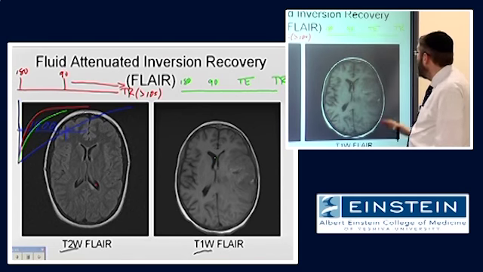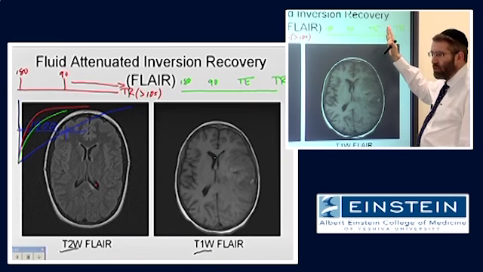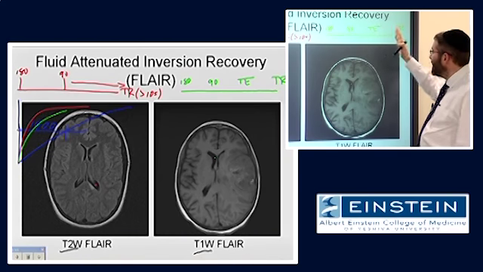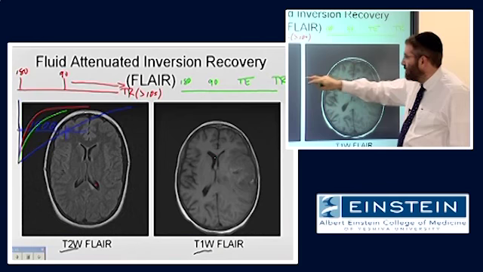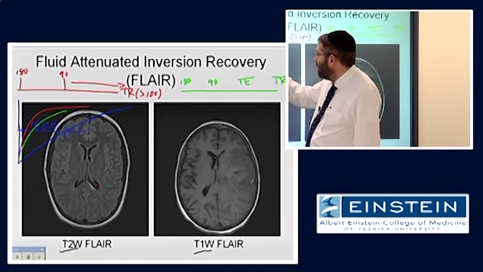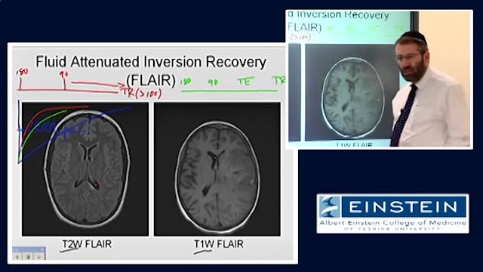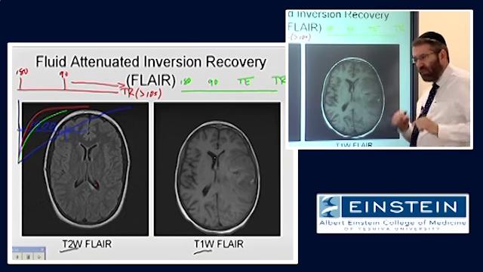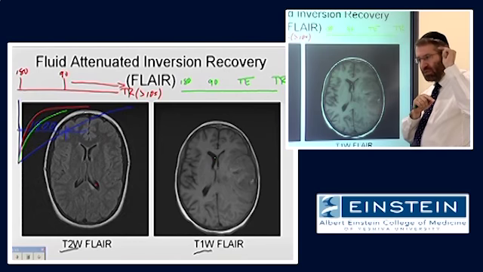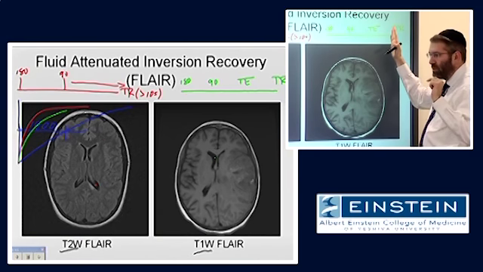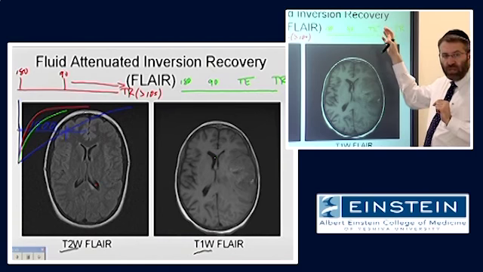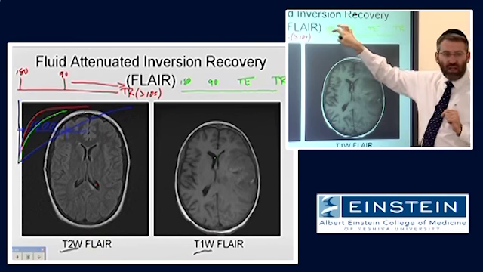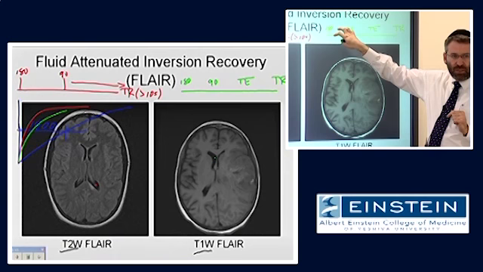However, we keep the TR relatively short, which means that by the time we get to TR, all of the tissue components have not fully relaxed. And when we give the next 180-degree pulse, they each have different amounts of longitudinal magnetization that's been recovered. Is that clear? So by keeping the TR short, there's T1 contrast that's now built in when we go back and give the next 180-degree RF pulse.